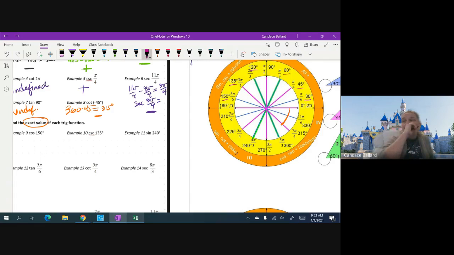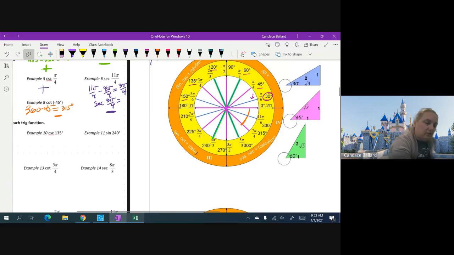Each one of these lines is color-coded to one of the triangles. Anytime I see a blue line, I know I'm working with the 30-degree triangle, the blue triangle. Every time I see a red or a pink line, I know I'm working with 45 and the pink triangle. Ignore my pink lines on my quadrant angles. I keep forgetting to edit the picture.